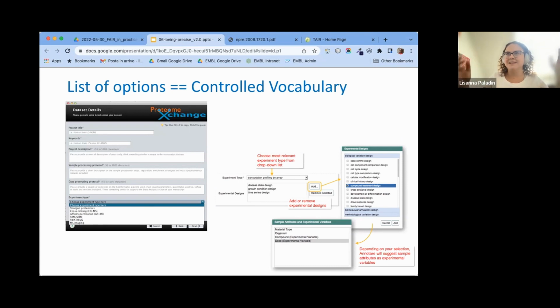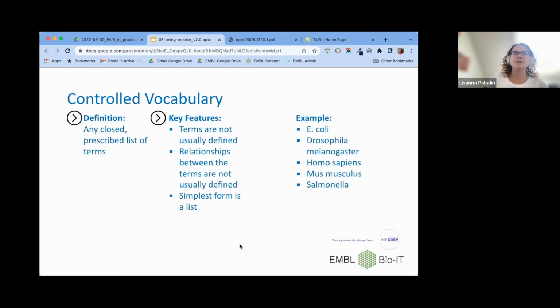Type of thing in your experiment, you're probably referring to a controlled vocabulary. And controlled vocabularies can be of different types. A controlled vocabulary is defined as an enclosed and prescribed list of terms.